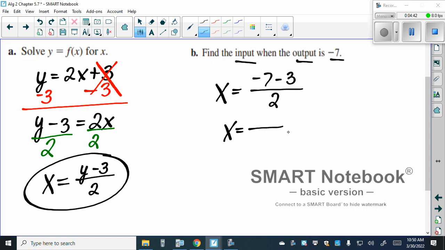And at this point here, we could have plugged this into the calculator, -7 minus 3 divided by 2. Or if we do this by hand, -7 minus 3 is -10. And -10 divided by 2 is -5. And that's all we have to do for this here. Questions on any of this that we've done so far?